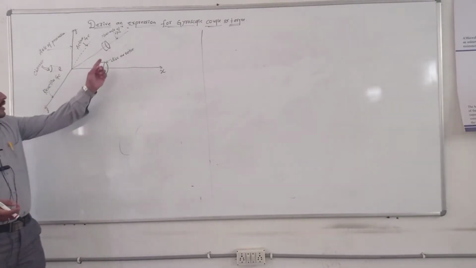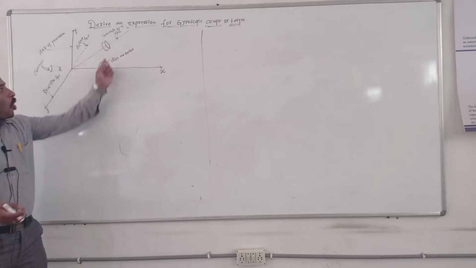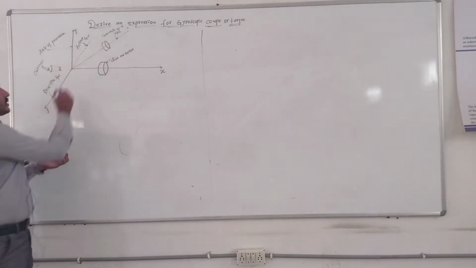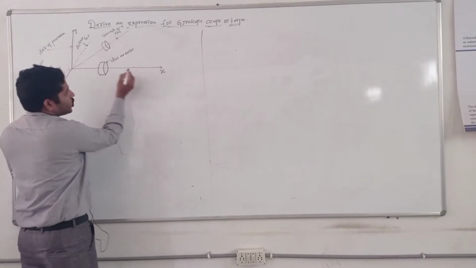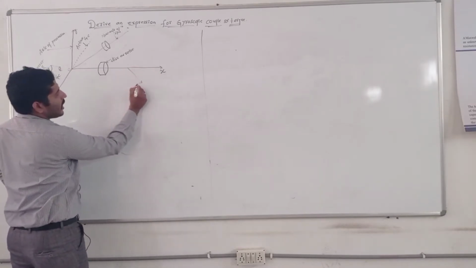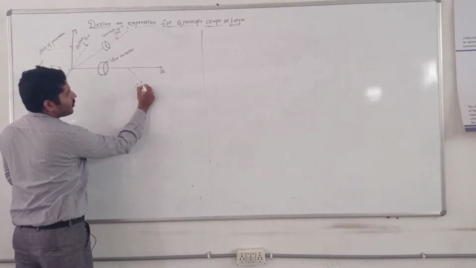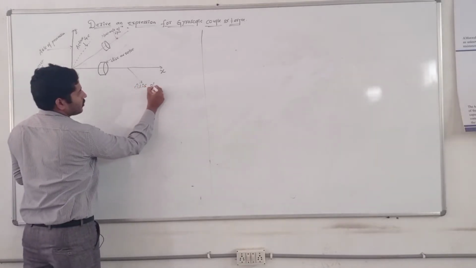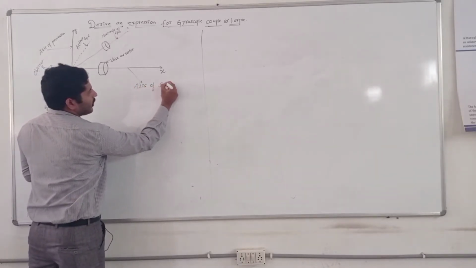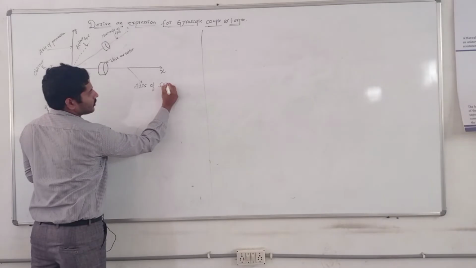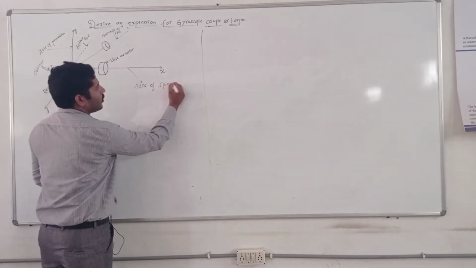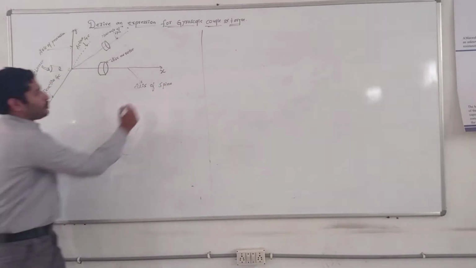Let's consider a disc mounted on the axis OX. So this axis we can say is the axis of spin. Axis of spin. Then spinning.